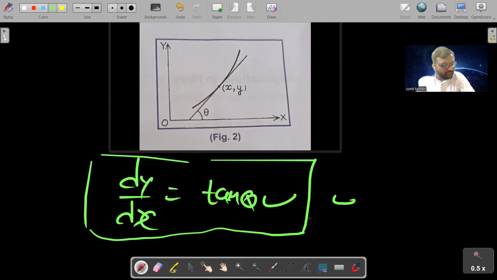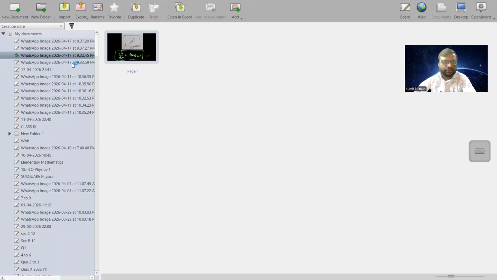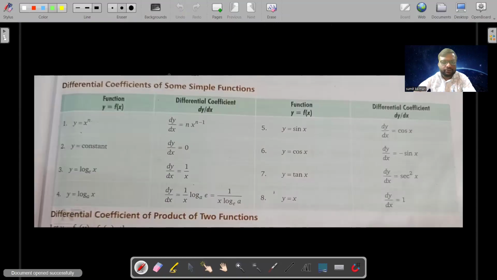Next, students, we will see differential coefficients of some simple functions. So let me upload that. See, function y is equal to f(x). If we have y is equal to x to the power n, then differential coefficient dy upon dx will be n x to the power n minus 1.